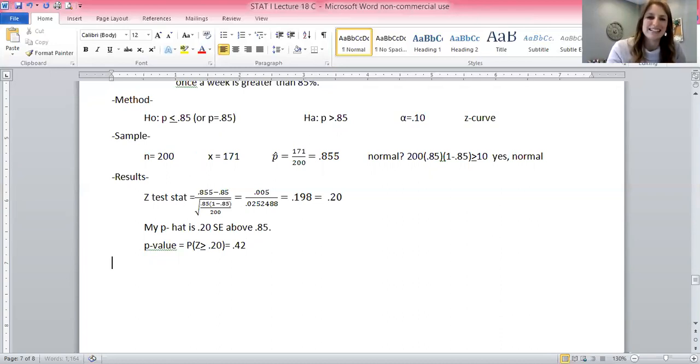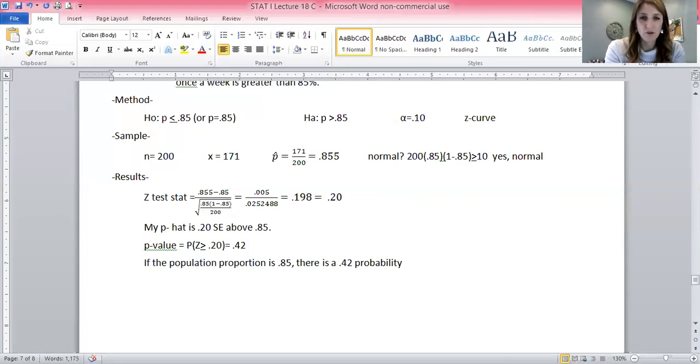Okay. So now I want to make a statement about this. So if the center really is the center, so if the population proportion is 0.85, then we get a 0.42 probability.